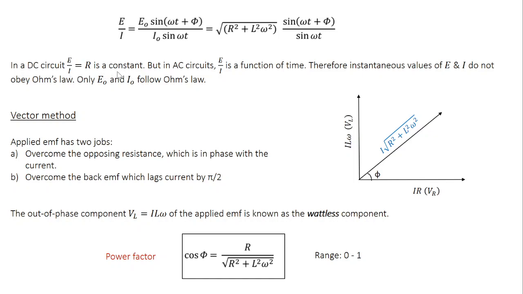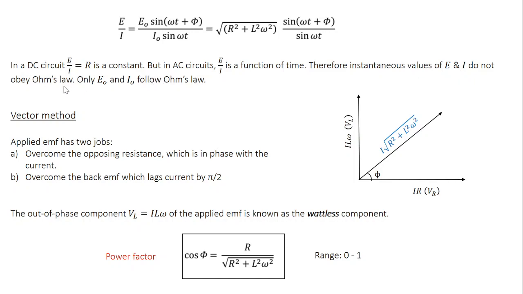So this is what the Ohm's law says. But here we can see that in the case of an AC circuit, E by I is not a constant. This is a function of time, right? Here when time varies, this ratio also varies. Therefore, the instantaneous values of voltage and current do not obey Ohm's law.